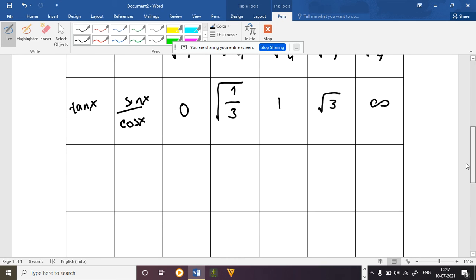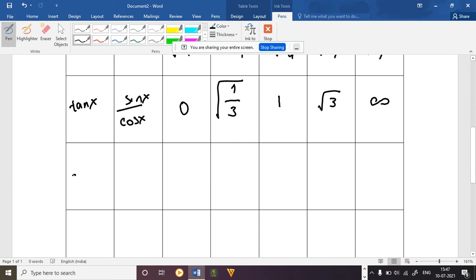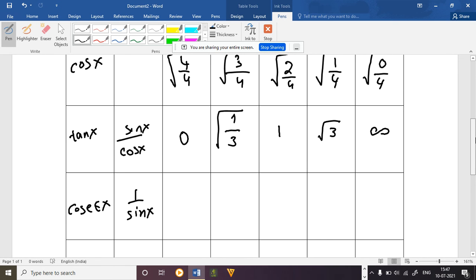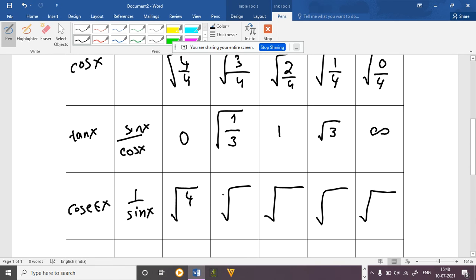Now that this is known, let's come back to cosec x, which is nothing but 1 by sin x. What was sin x? We started with 4 as the denominator. Now we'll go the reverse way: 4, 4, 4, 4, 4 in the numerator, and 0, 1, 2, 3, 4 below.